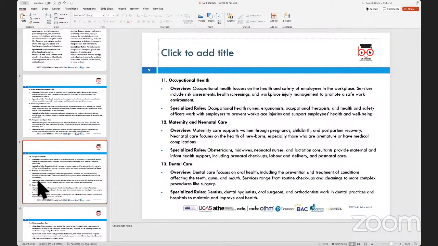Occupational health in general would cover the health and safety of workers, and obviously people who work within the NHS and that kind of setup.